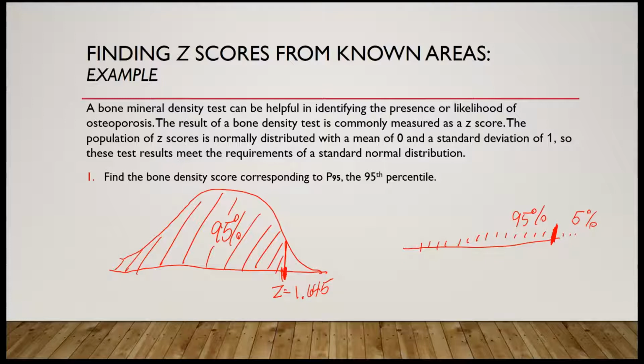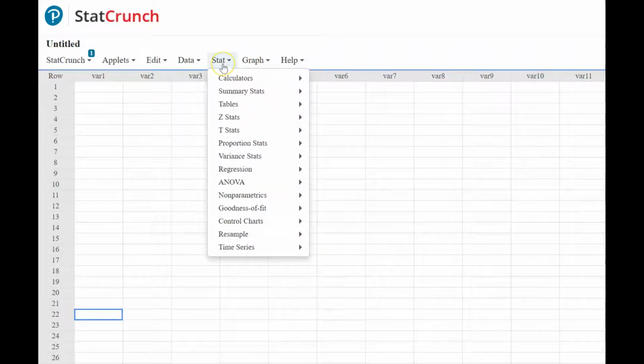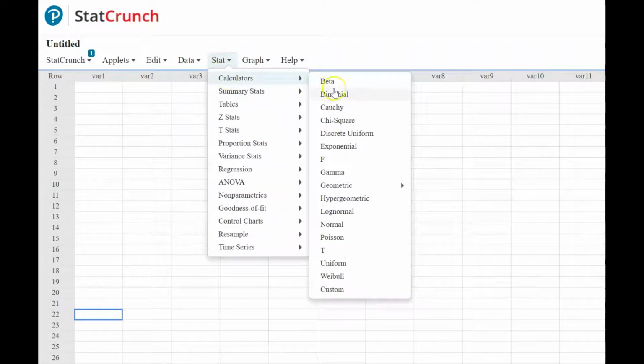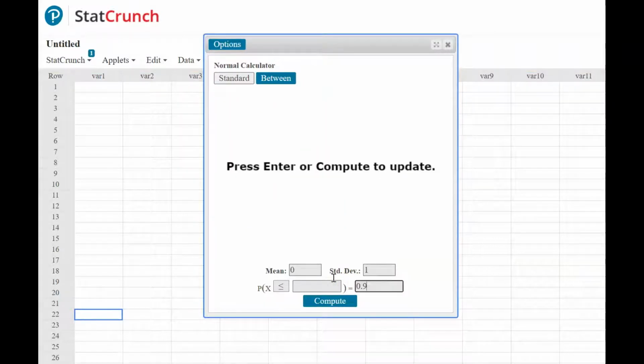Now let's use StatCrunch to find the z-scores from the known area. To find the z-scores from a known area using StatCrunch, go to Stat, Calculators, Normal, enter the area, 0.95. Make sure that you highlight which side of the z-score you're looking for the area.